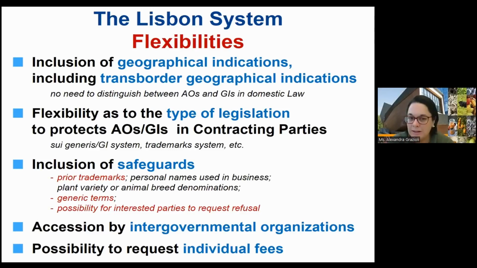Soon we are waiting for the accession also of the African Intellectual Property Organization, meaning 17 more countries will be covered by the system. And countries now also have the possibility with the Lisbon system to ask for payment of individual fees to cover the cost of examination of the geographical indication.